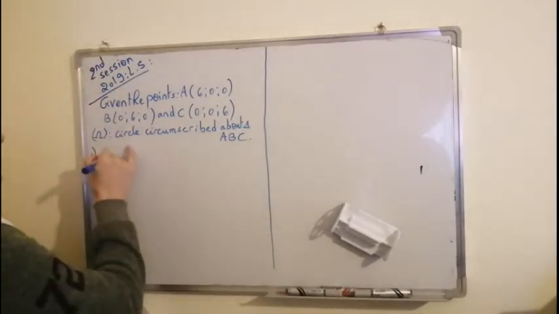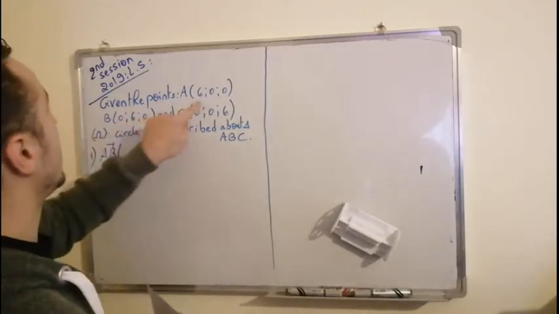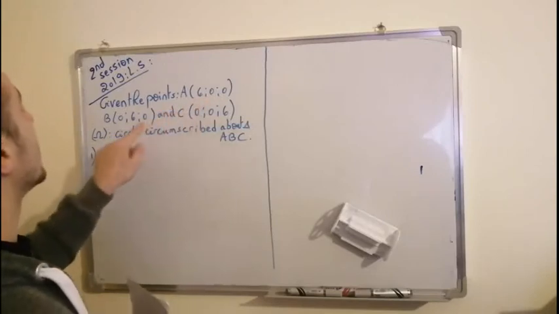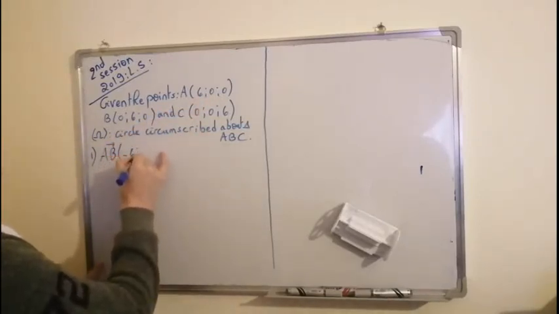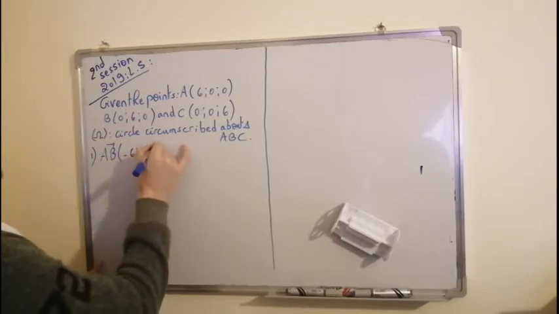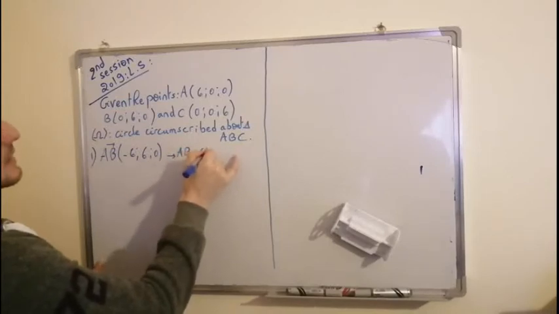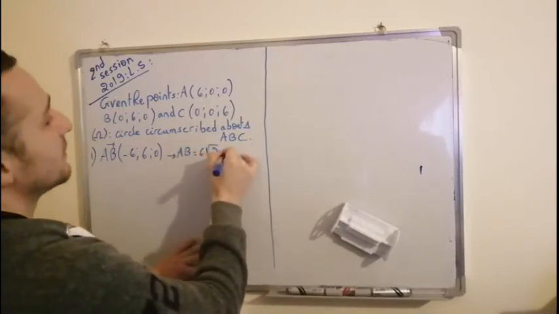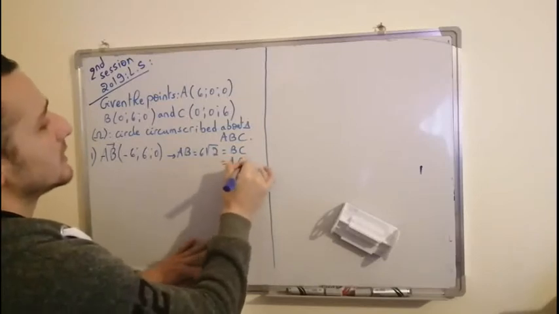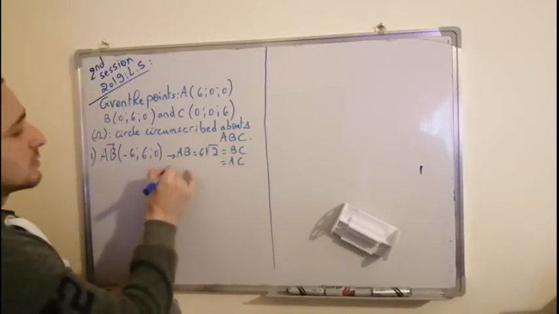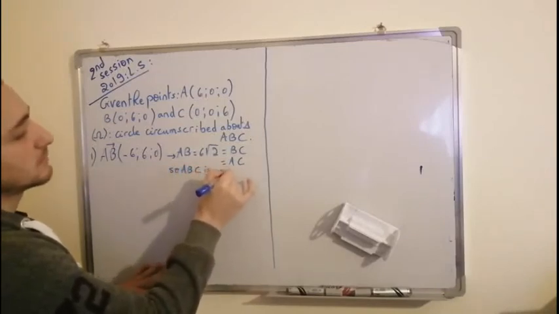Example, vector AB is xb minus xa, yb minus ya, and zb minus za. So it's (-6, 6, 0). So AB equals 6 radical 2. Same method, BC equals 6 radical 2, and AC equals 6 radical 2. So ABC is an equilateral triangle.